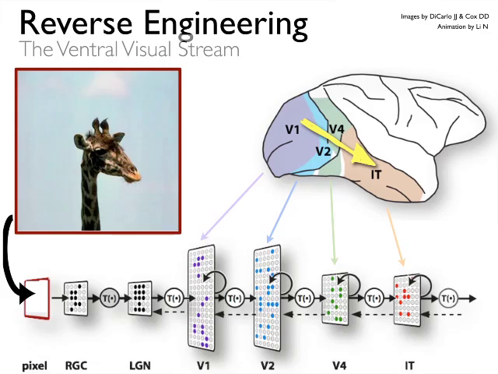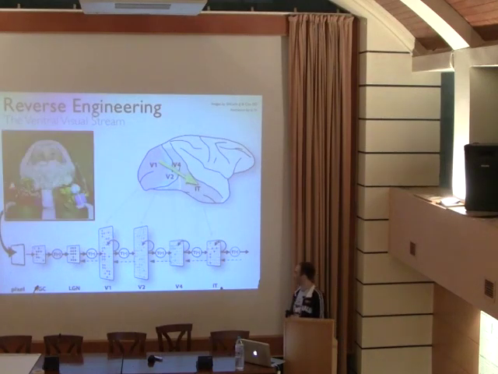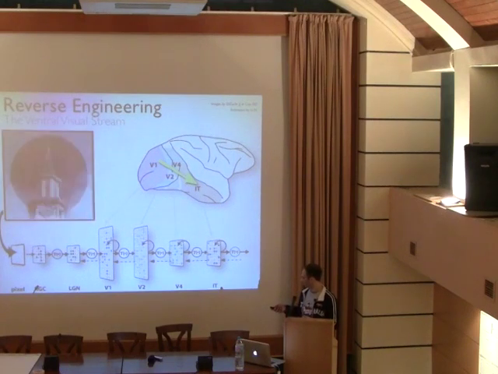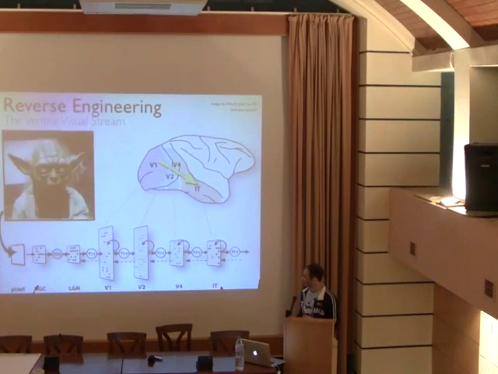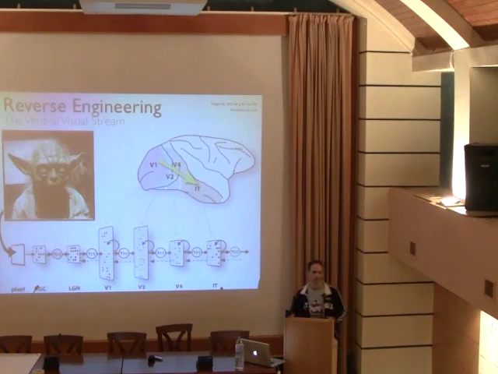So what do we see when we reverse engineer the brain? Once the image hits the retina, it goes to a part of the brain called the LGN, which is not cortical yet, and then it hits the primary visual area, V1, then V2, V4, IT, and once you are in that domain, the problem is basically solved.